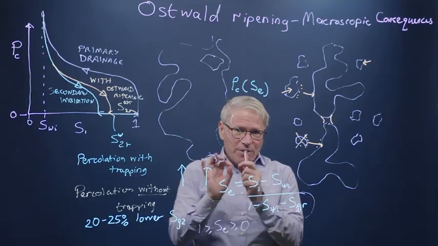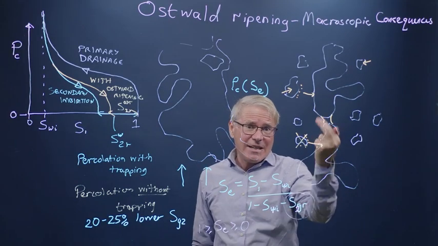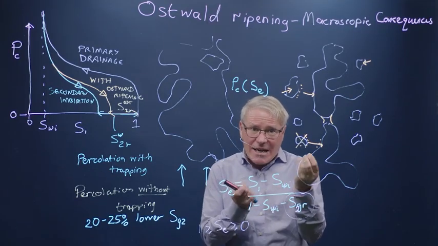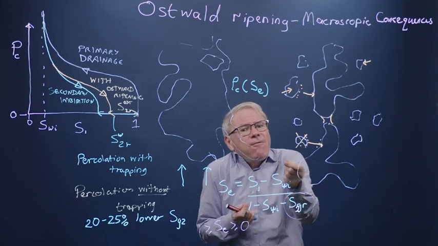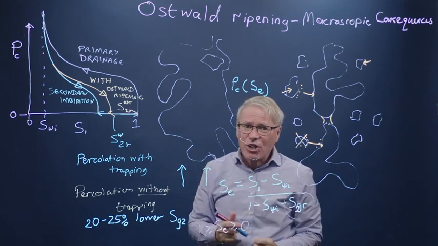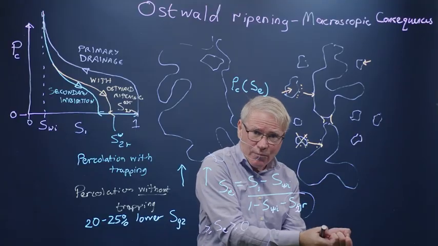What happens with Ostwald ripening is it does allow disconnected ganglia to reconnect. Once they're reconnected, they can flow in their own phase, described by a capillary pressure and a relative permeability that is finite.